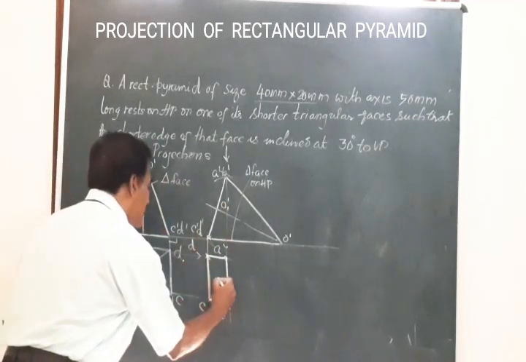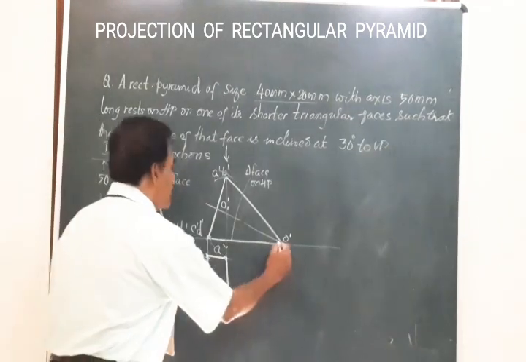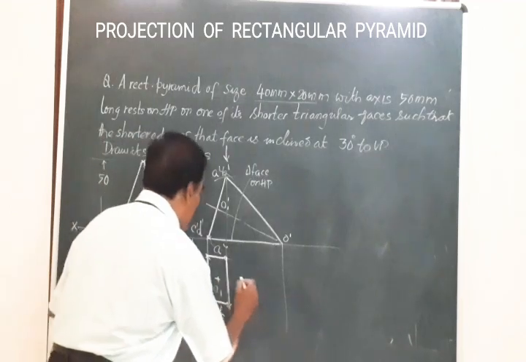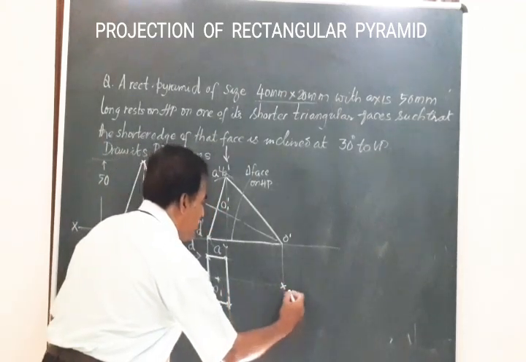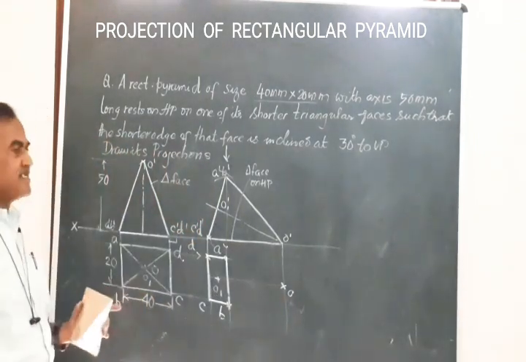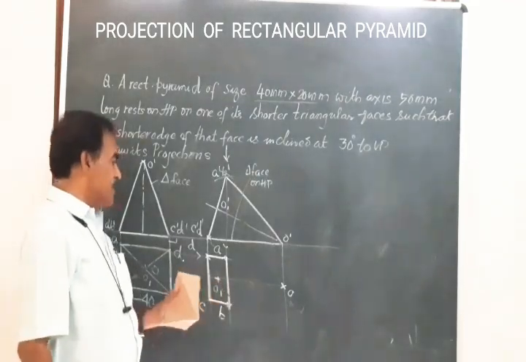The center of the bottom is your O1, and this is the vertex O, vertical line from vertex O, horizontal from here, that will pass through the center of the base, and this is going to be your O. So after getting this, our duty is to join the vertex to all the corners.